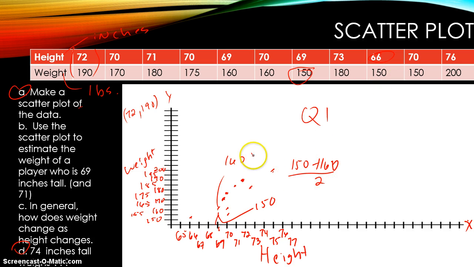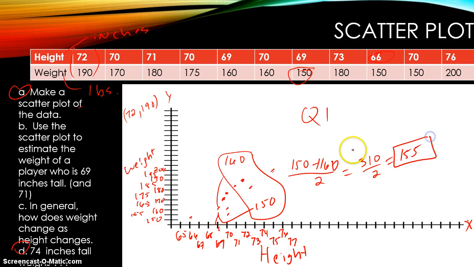I can divide by 2 because there are 2 weights there. 310 divided by 2 would be 155. So we estimate based on our data that somebody who is 69 inches tall would be 155 pounds.